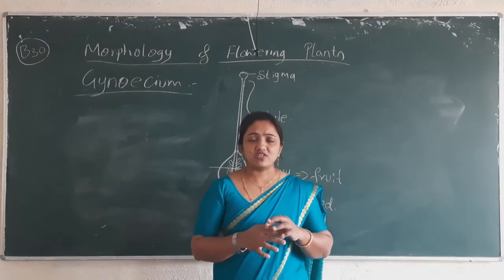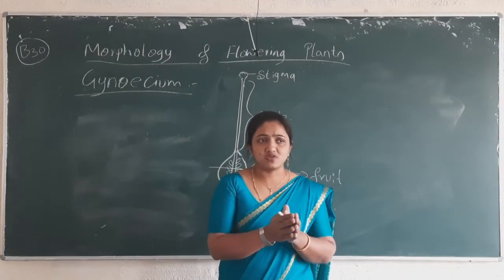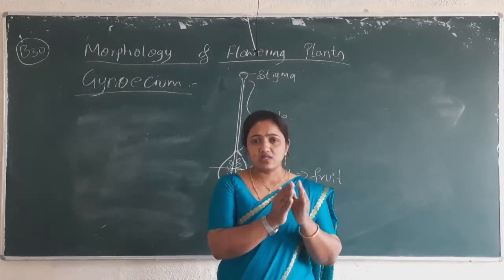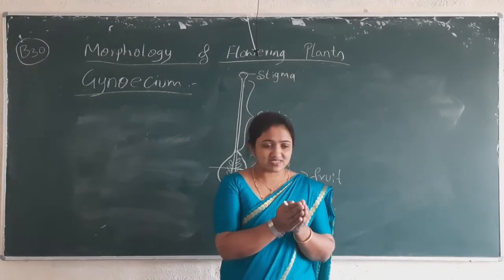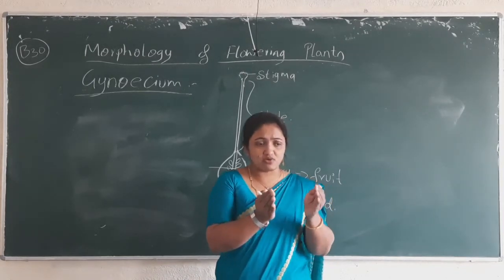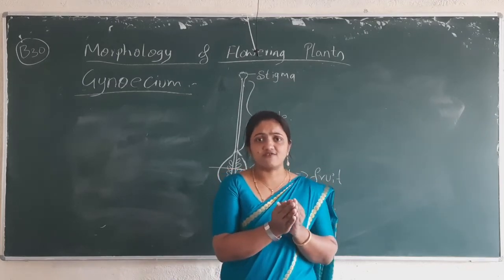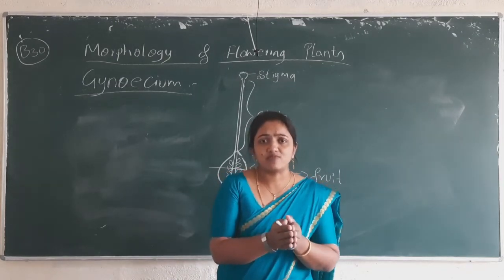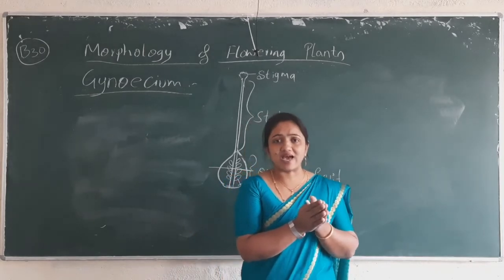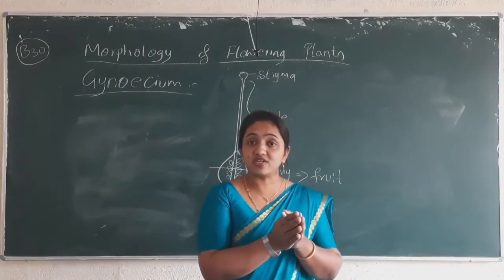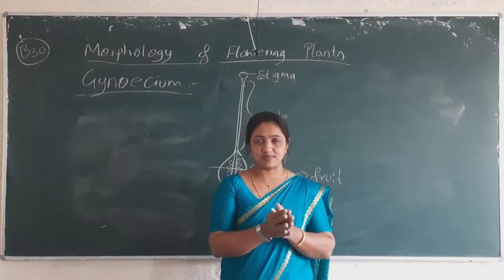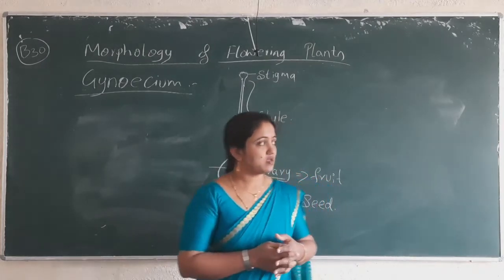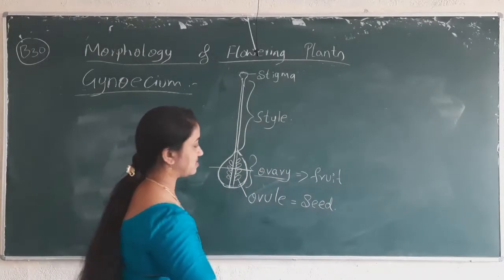When you observe the flower, try to see the nature of the calyx and corolla. If all the calyx are fused, that type of calyx is known as gamosepalous. If it is free, that type of calyx is known as polysepalous. So just try to observe that.